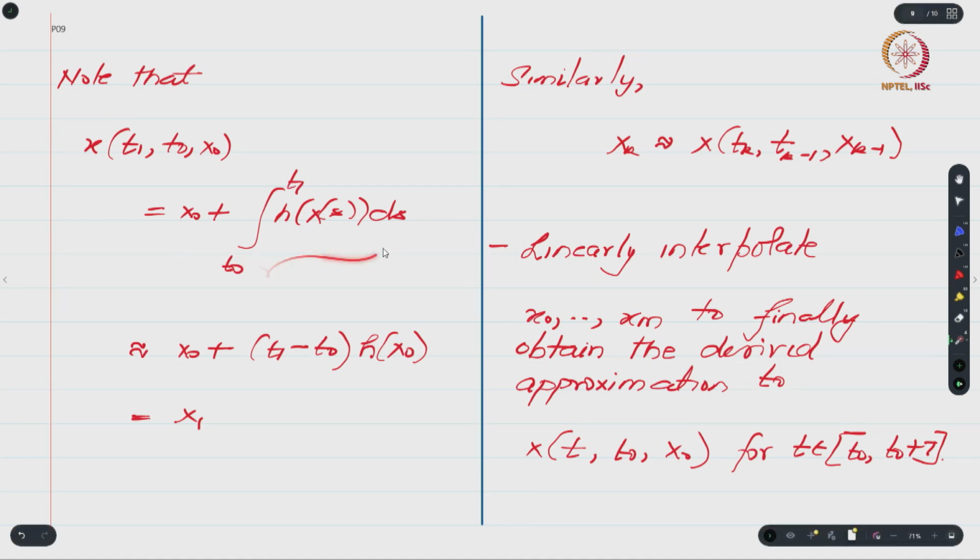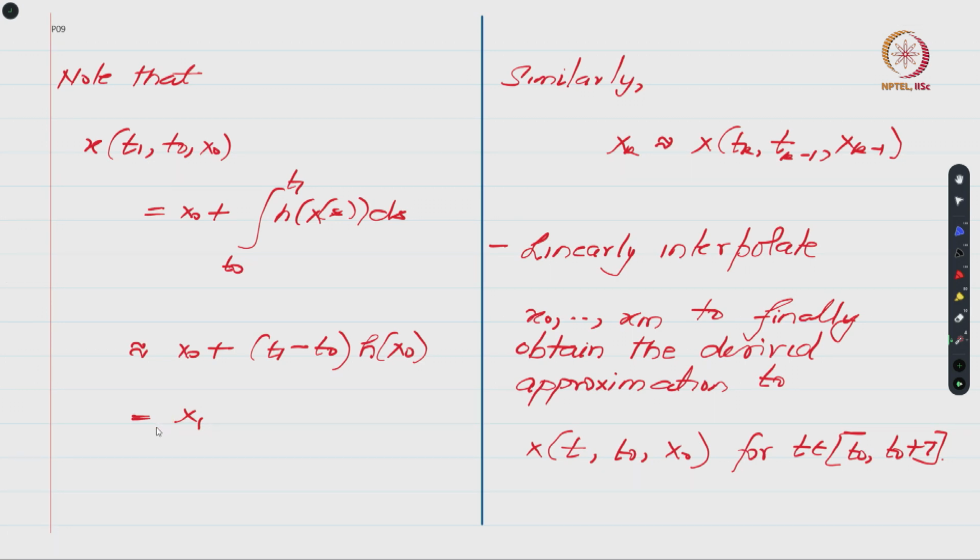And then if you recall your Riemann approximation idea, one can see that this integral is approximately equal to x0 plus t1 minus t0 times h of x0, right. And this expression over here is what we have defined to be x1.